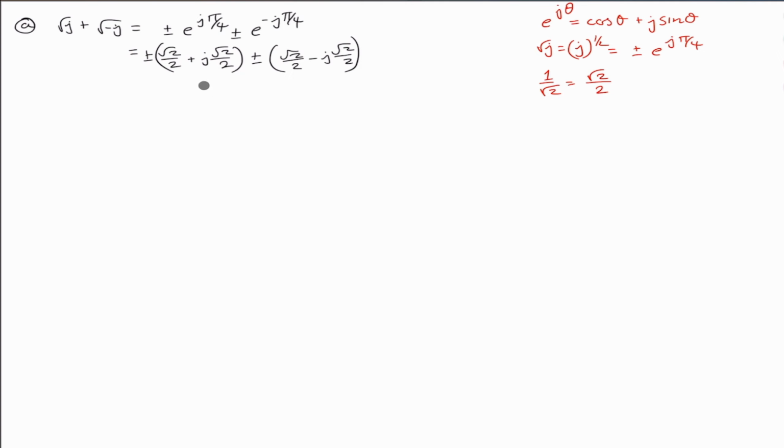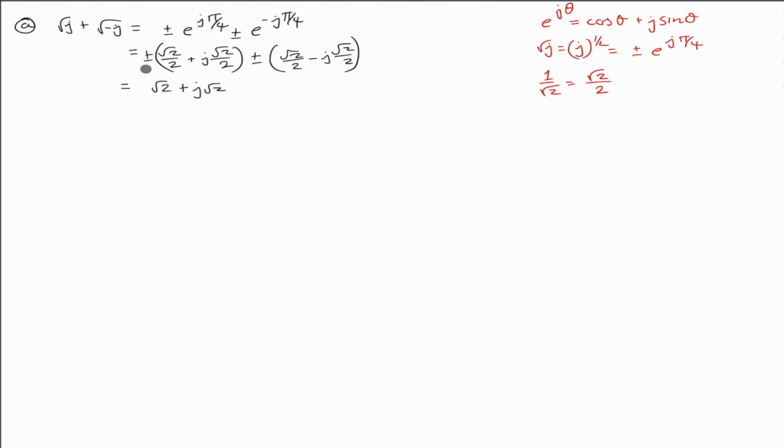You can simplify this further, but basically we have this in rectangle form. So all we have to do now is use the combinations. If we use plus and plus, we end up with square root of 2 plus j times the square root of 2.